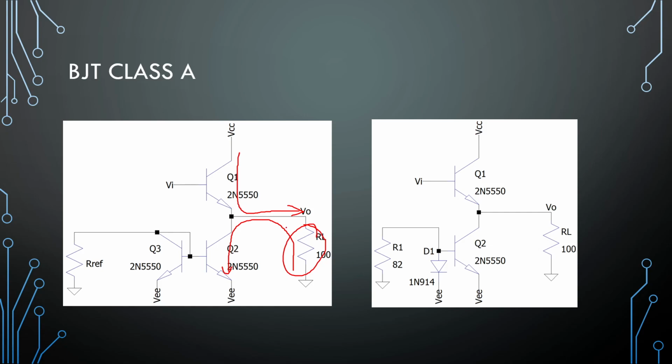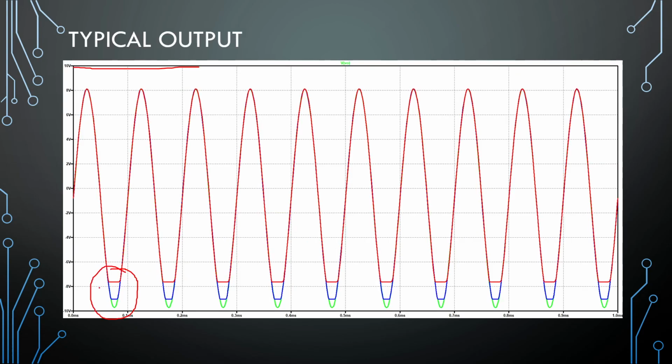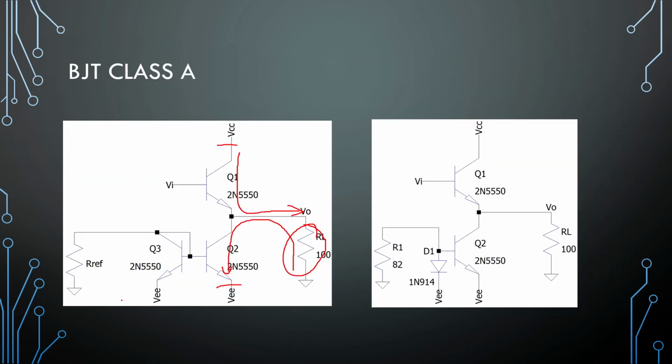So for 100 ohms and a 10 volt rail, that would be 100 milliampere, and you will have to design this current source to deliver 100 milliamperes as well. If it's less, you will start to see this clipping that we have here.